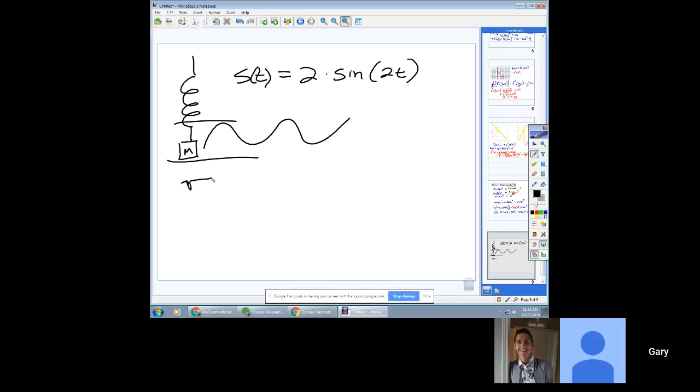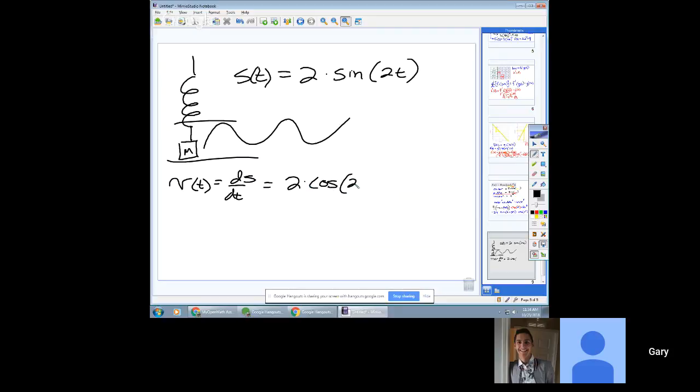Acceleration or velocity, let's do velocity first. That's a v. Velocity is the derivative with respect to time of position. I'm calling position s. So let's see, the 2 in front just hangs out, waiting for the derivative of the sine, which is cosine.